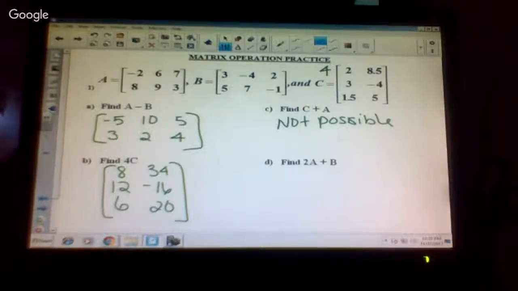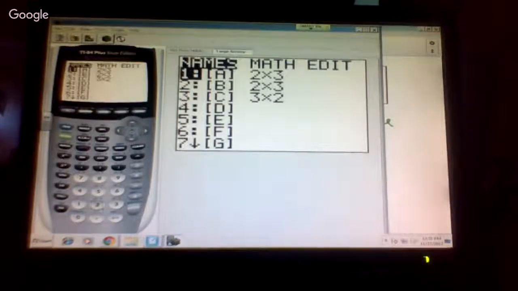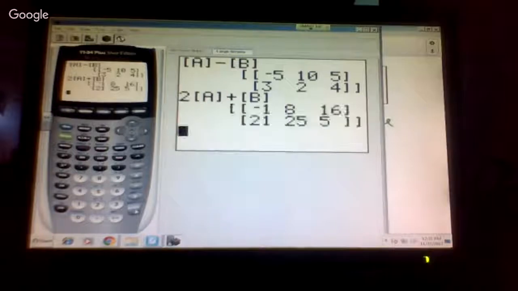And finally, D, you can plug this straight into your calculator. You've got that scalar 2 on the outside. Second matrix, A. And we're adding that to matrix B. And there's your answer.